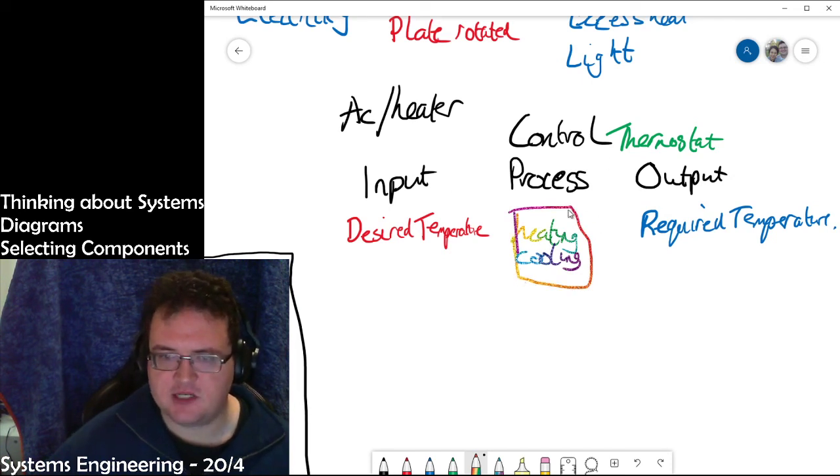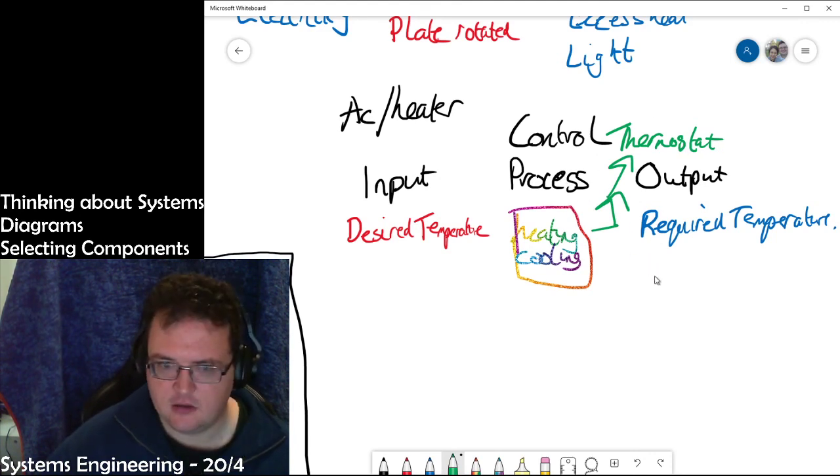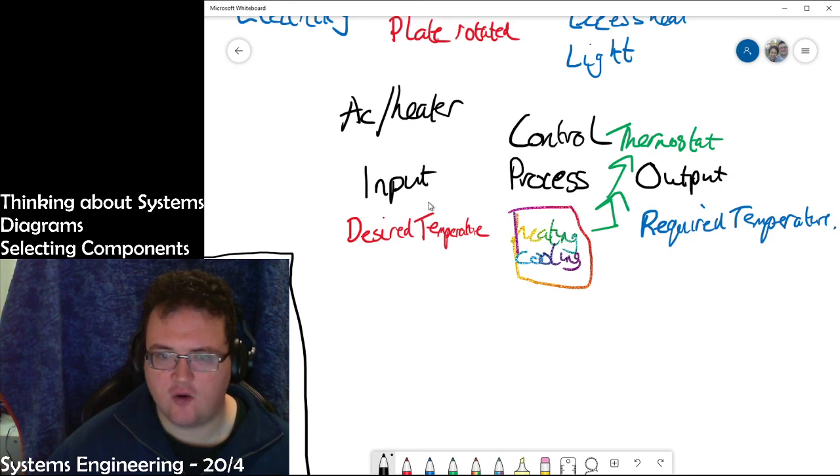And then it checks the temperature, and decides, well, if it doesn't match my desired temperature, repeat. So it takes your diagram, takes the process and repeats the process until we get over here.